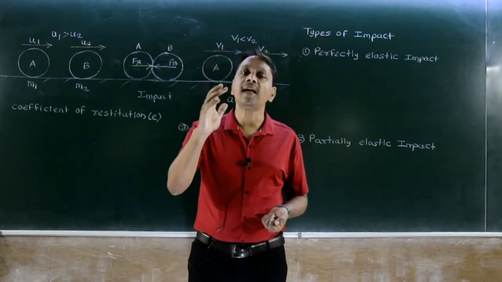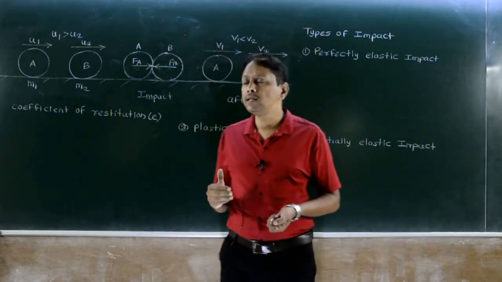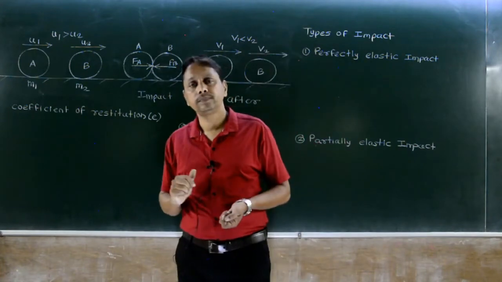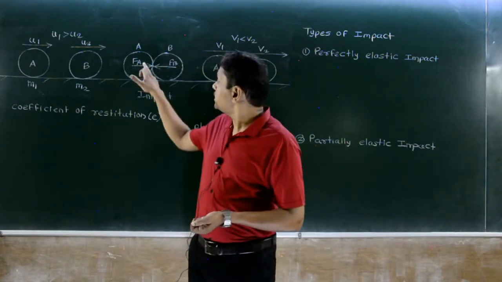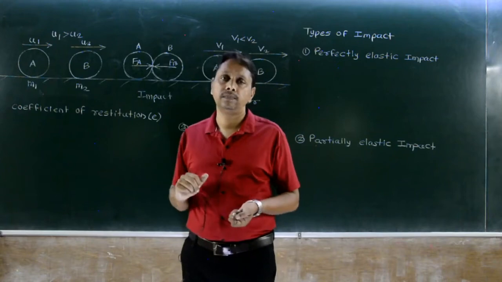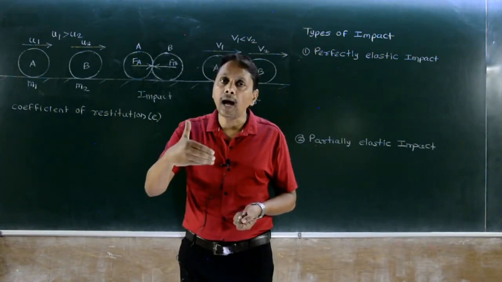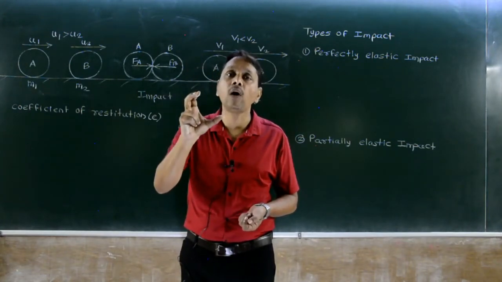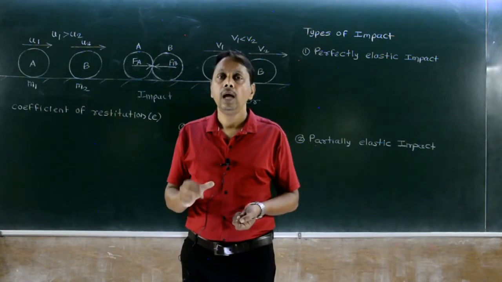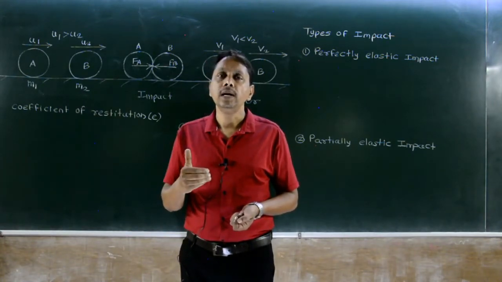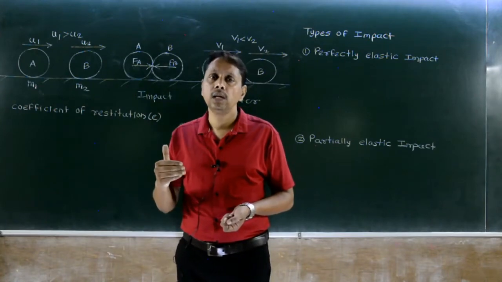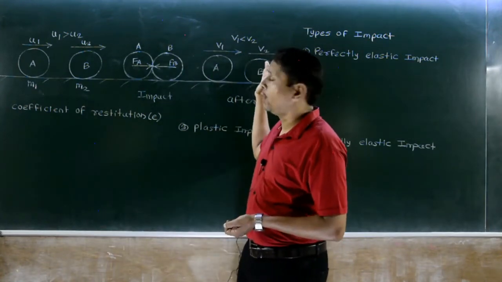So during impact what happens? These bodies come in contact with each other. They exert a very large force on each other. Due to that large force, they undergo deformation. And due to the elastic property, they recover from deformation and start moving with different velocities.